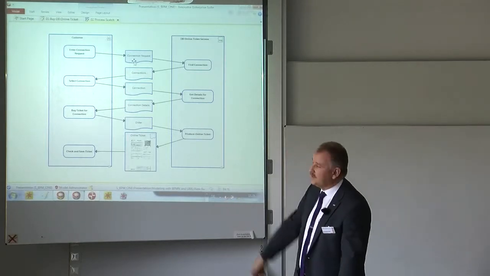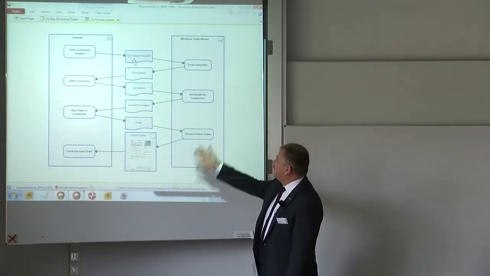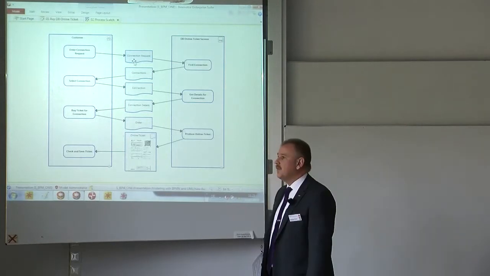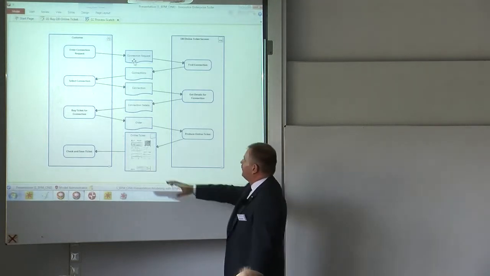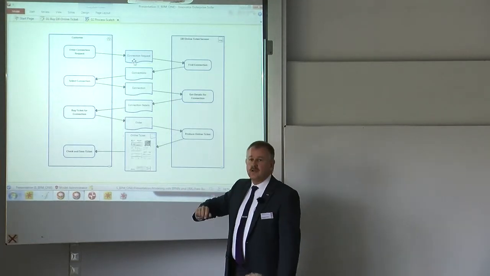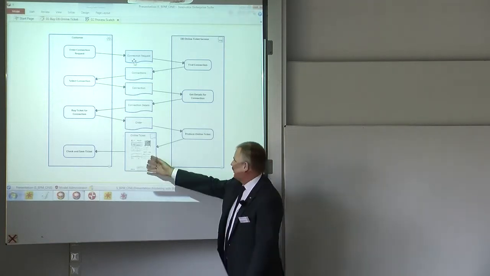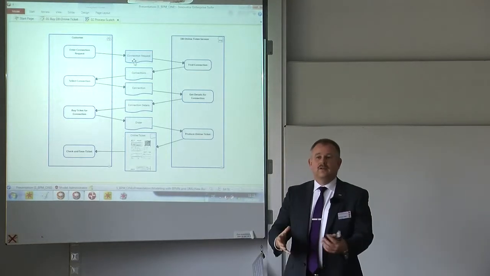So on the left side you see the customer, on the right side the DB online ticket service, and some messages or some information objects between this. And at the end of the short process, the goal is a stored online ticket like this you see in a small picture.